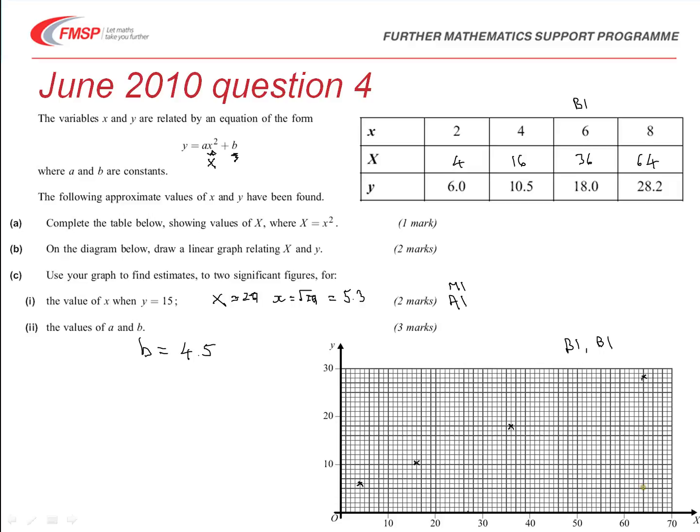So if we took that last point where x is 8, which gave you big X as being 64, and the y value is 28.2, we could do then that the gradient a would be over 64, because that's the horizontal distance, and the vertical distance would be 28.2 minus 4.5.